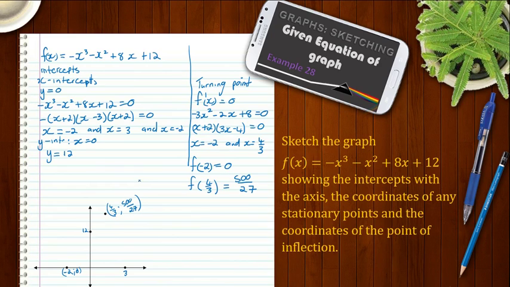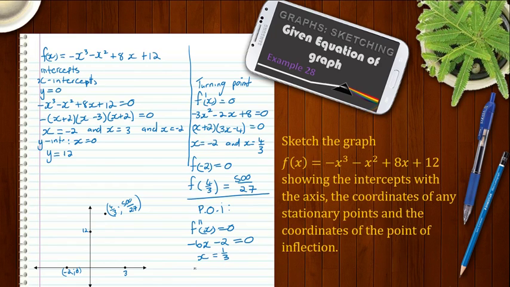Okay, so next we need to find the point of inflection. The point of inflection is when I set the second derivative equal to 0 and solve. So my second derivative, if I take my first derivative and derive it again, is negative 6x minus 2 equals 0. If I solve for x there, I get x is equal to 1 over 3.